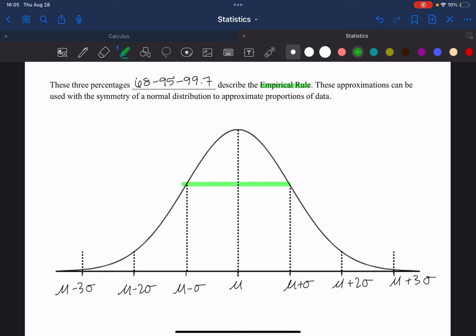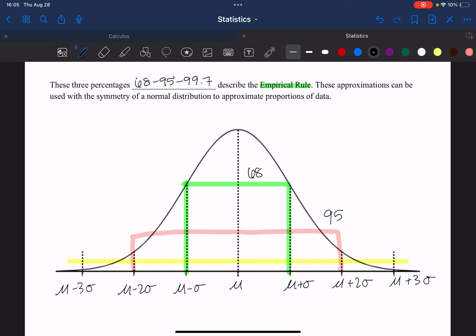Well, here's 68% of the data because this is the first standard deviation. Then 95% is going to fall within two standard deviations. So this is 95%. And then 99.7% of all data is going to fall within the first three standard deviations. So this is 99.7. And of course, these are all percentages.